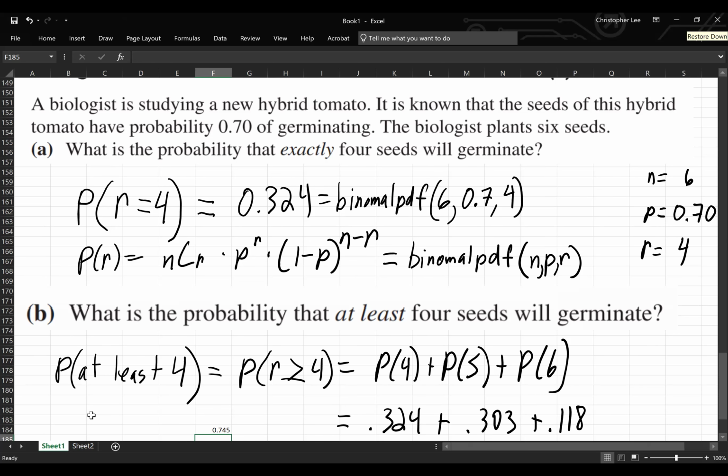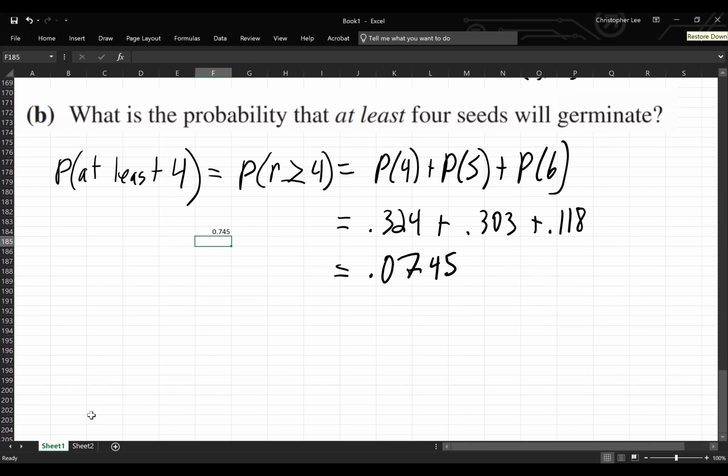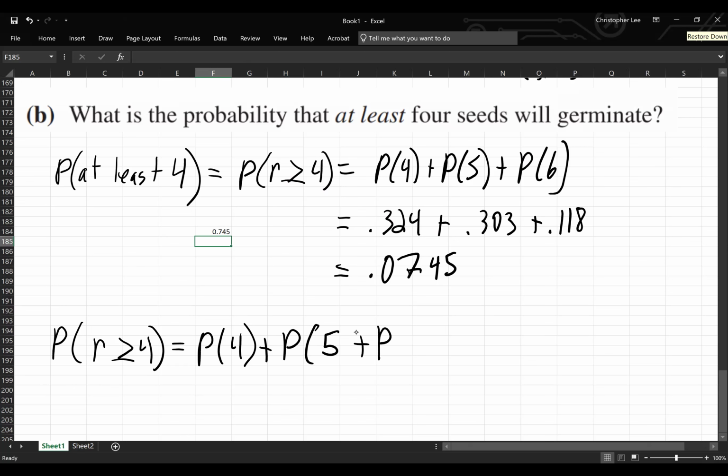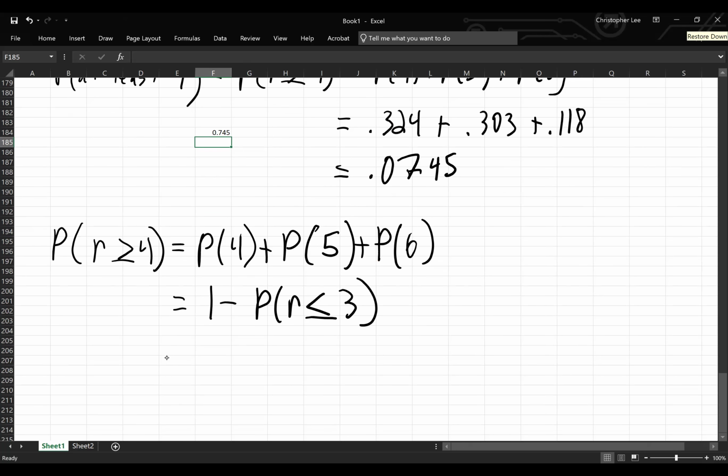All right, let's take a look. So look, for the probability of R greater than or equal to 4, which we said was the probability of 4 plus the probability of 5 plus the probability of 6, you have to do 1 minus the probability of R less than or equal to 3.